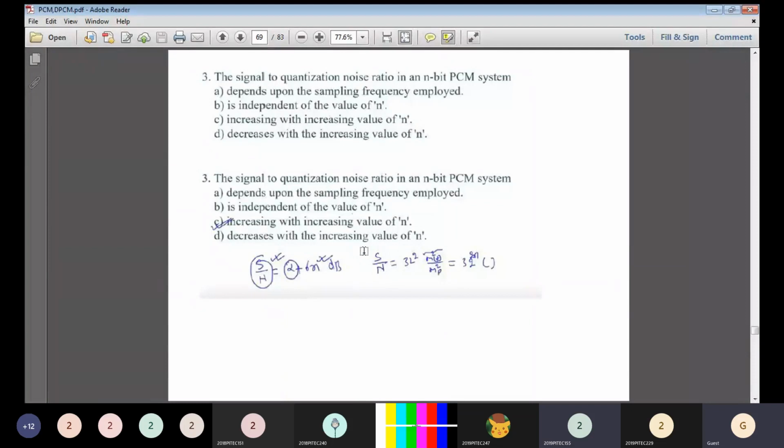So simply we can say 3 into 2 power of 2n into C. So what is the conclusion? If the value of n is increasing, the signal to quantization noise ratio also increases. So option C will be the answer.